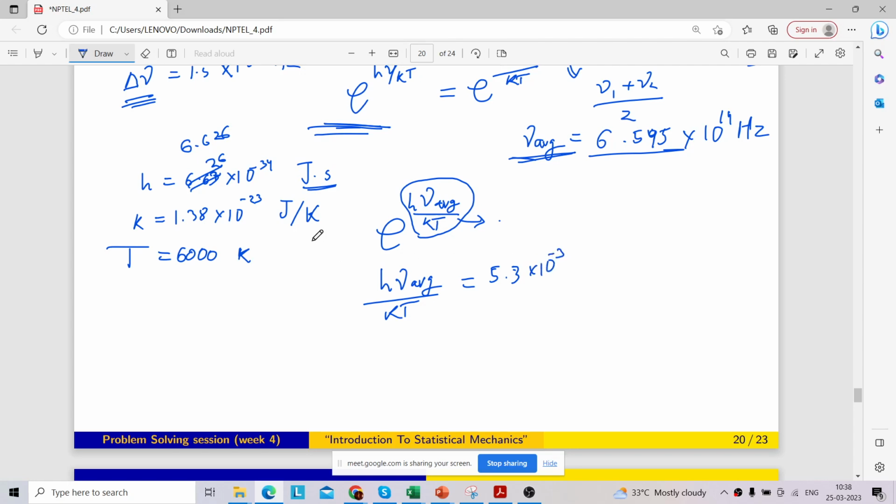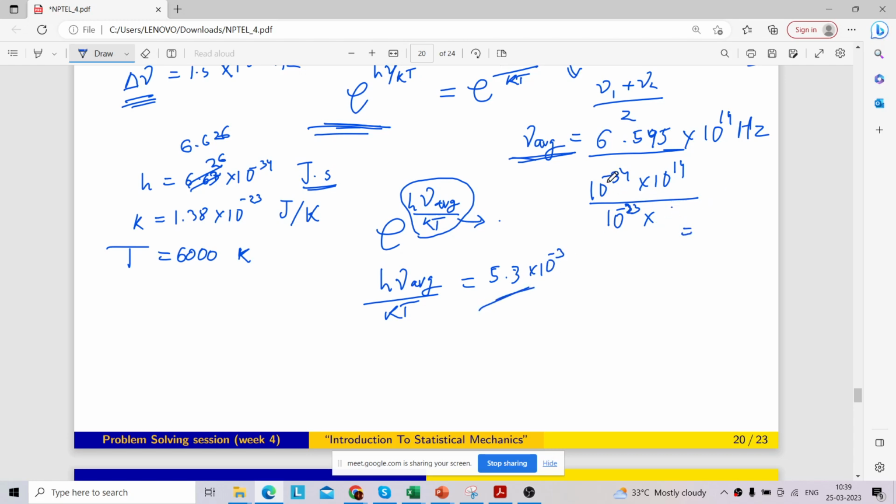Then I have to calculate the order. I have 10 to the minus 34 times 10 to the power 14 divided by 10 to the power minus 23 times temperature.